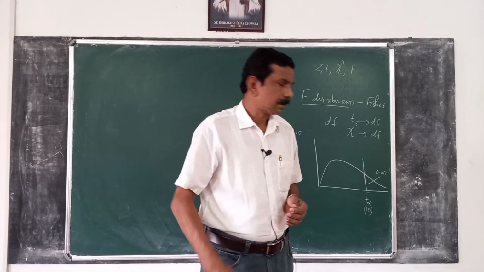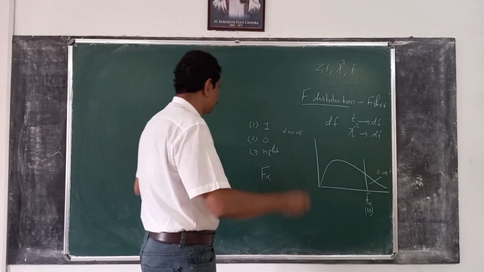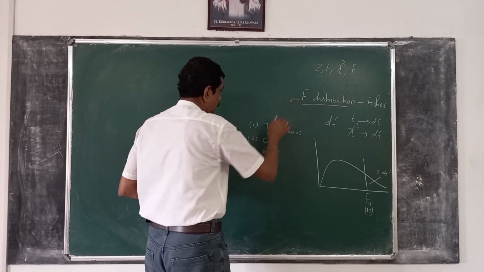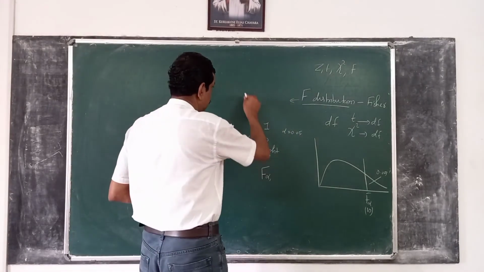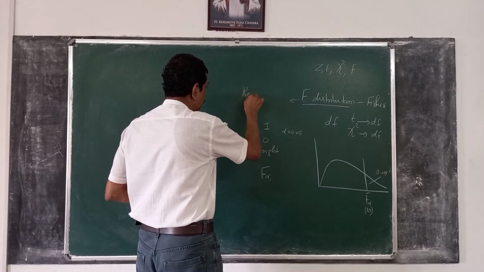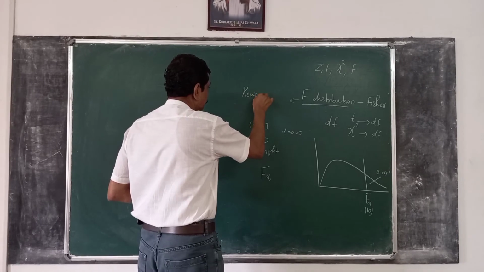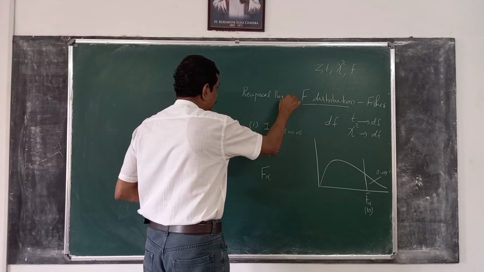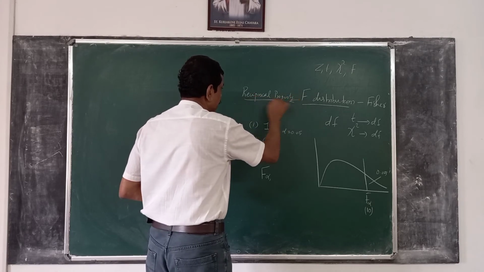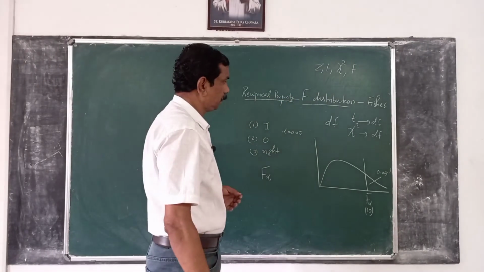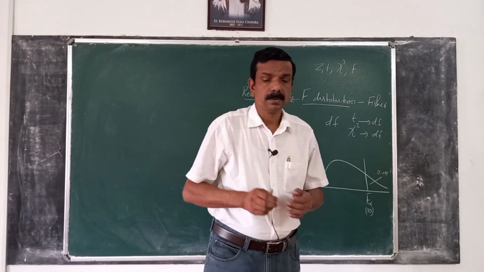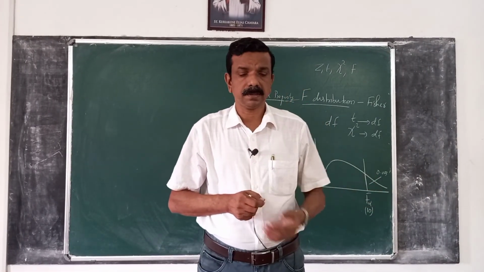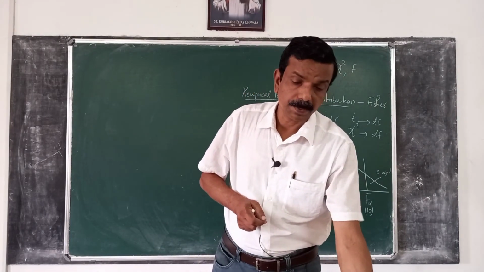Now, in the context of F distribution, a property which we use for finding the area under the F curve is the reciprocal property of F distribution.